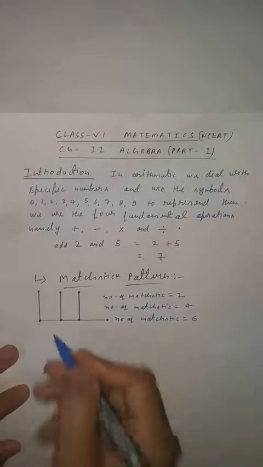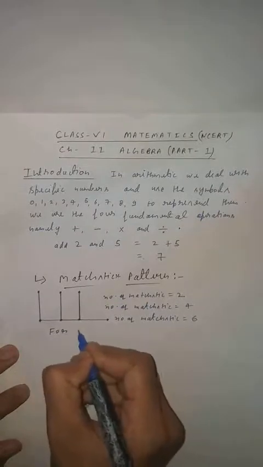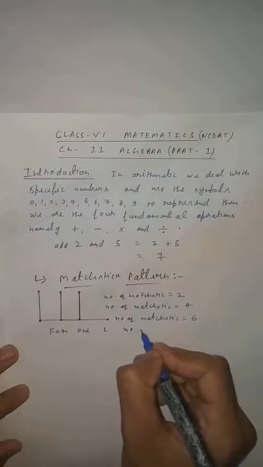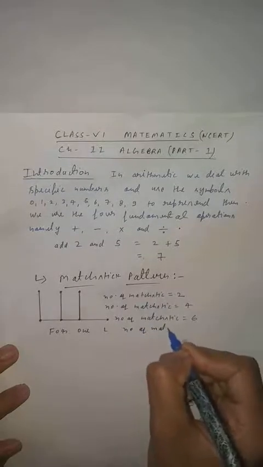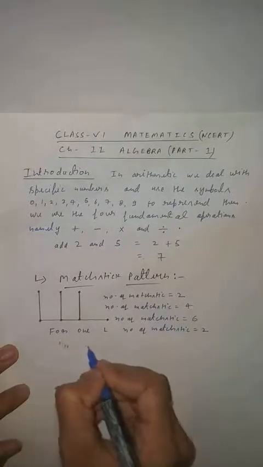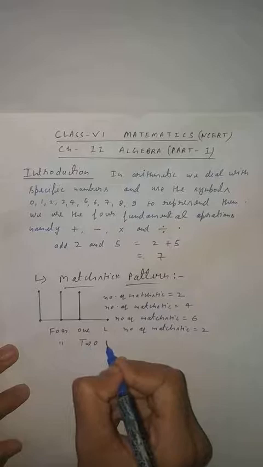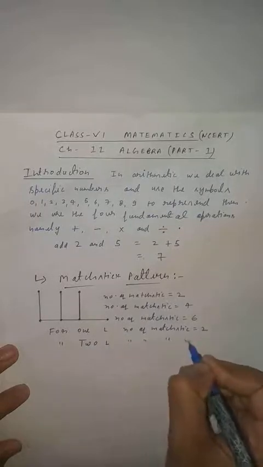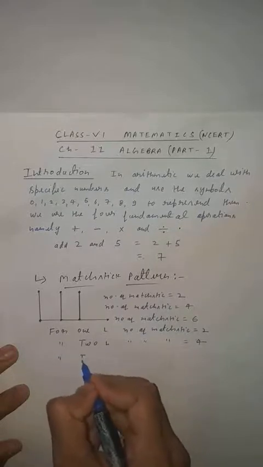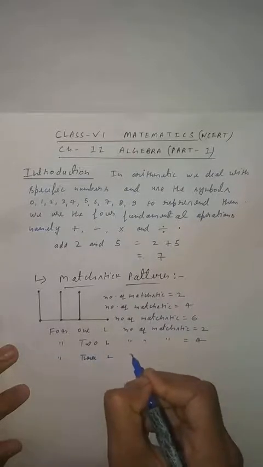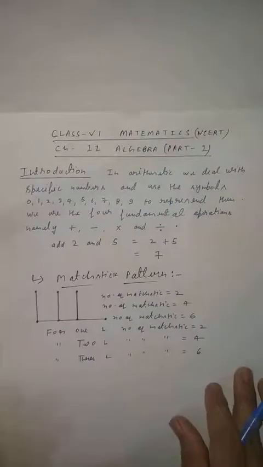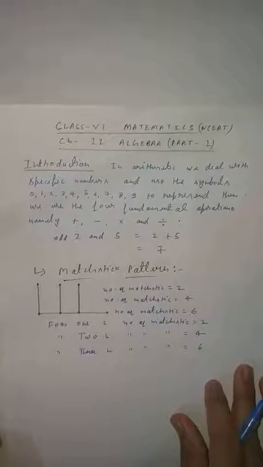For 1L the number of matchsticks is equal to 2. Again for 2L the number of matchsticks is equal to 4. Similarly for 3L the number of matchsticks is equal to 6. I think you are able to understand; here we follow some pattern.